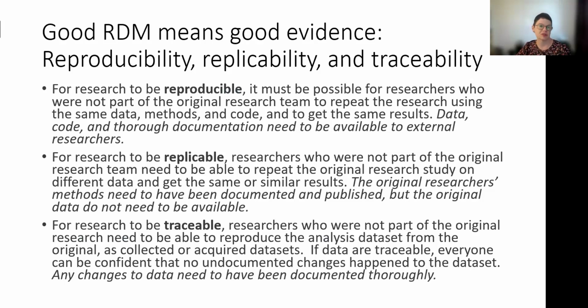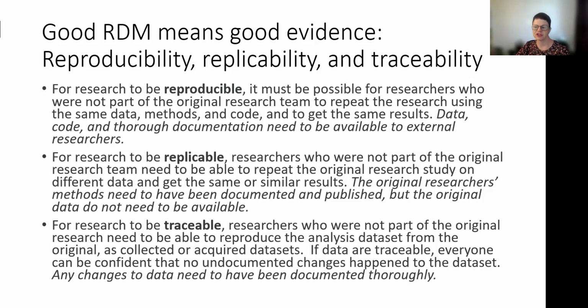For research to be replicable, this is what's going on in the replication crisis, researchers who are not part of the original research team need to be able to repeat the original research study on different data and get the same or similar results. So replicability is about trying the research over again on a new sample, on new people, and seeing if the results hold true.